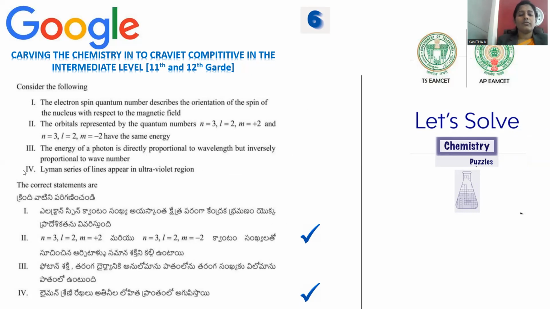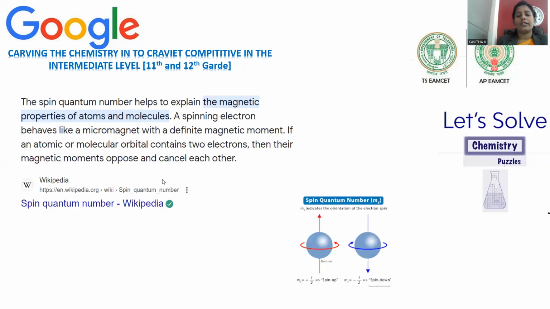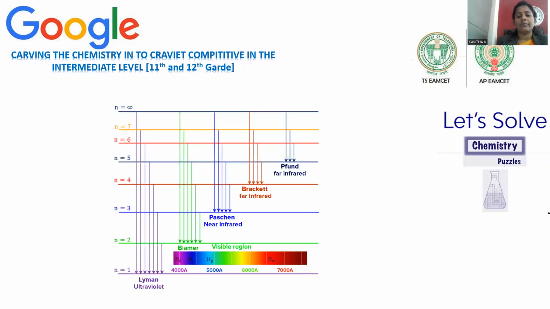Next is the fourth option: Lyman series of lines appears in the ultraviolet region. Lyman series exists in the ultraviolet region, that is correct. In whichever higher orbital the electron might be, if the electron comes to the ground state, n equal to 1, that is the Lyman series.